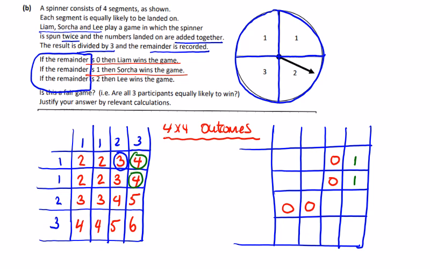We could just circle them, but I'm going to try and make it a bit more visual for you to see. A 1 and a 1. Now, a 5, what's the remainder for a 5? The remainder for a 5 is a 2, so let's do the 2s in black. Now, what about this one down here, the 6? Well, 6 divided by 3 is 2 with no remainder, so that's another 0. Put my 0 in, and I'm just left with these 4 2s.